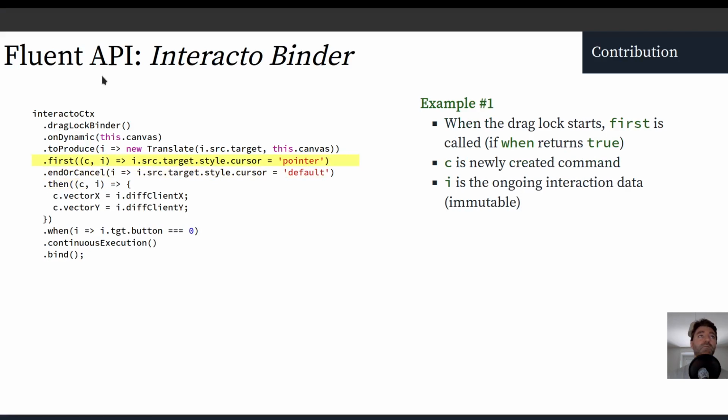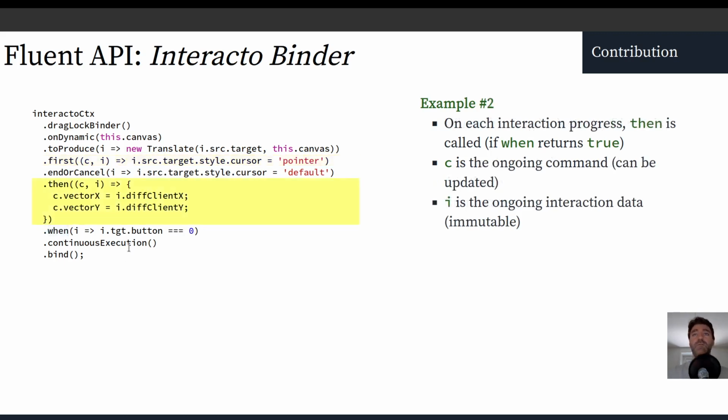For example, when the drag lock starts, the routine first is called, where C refers to the ongoing command created by the toProduce routine. I refers to the ongoing interaction data. And all those routines, first, then, etc., are called only if the when routines return true. We can have several when routines, they are cumulative.